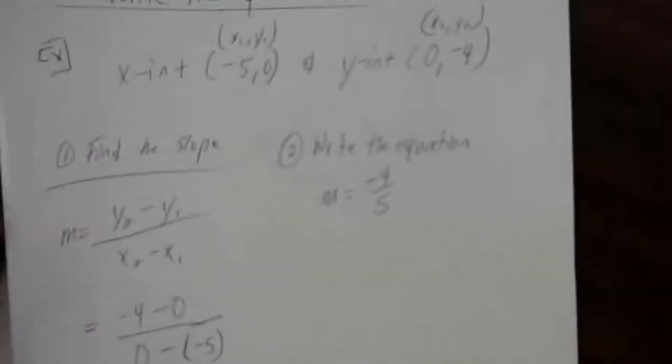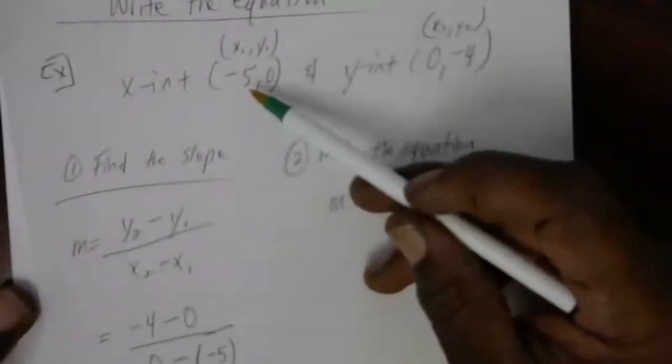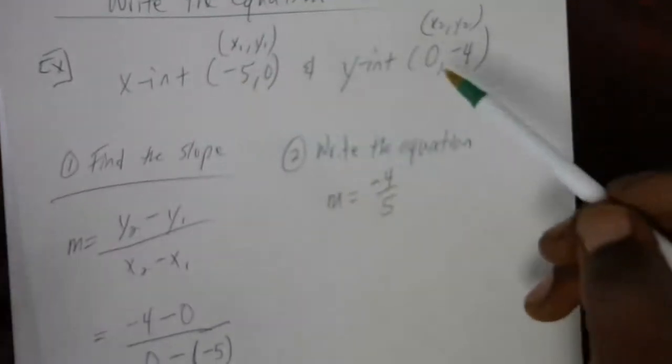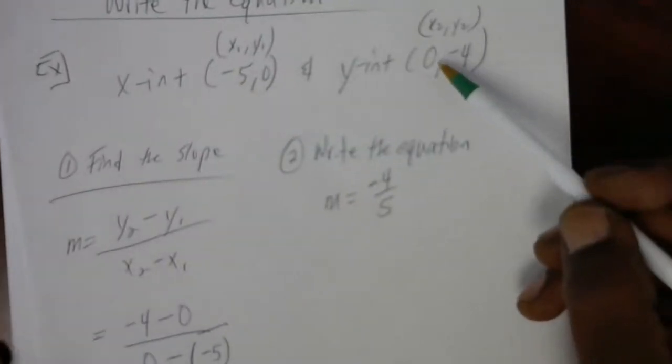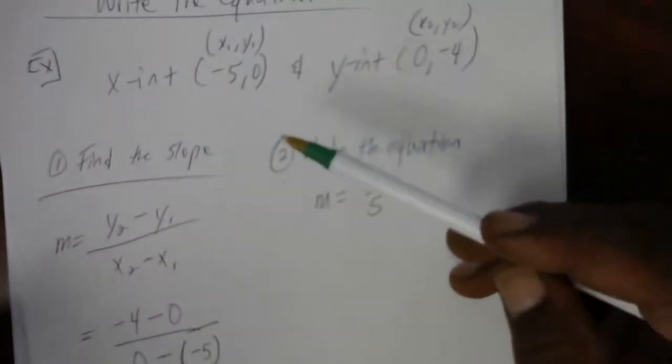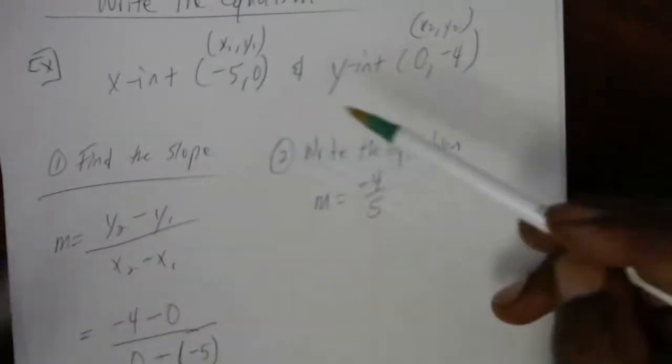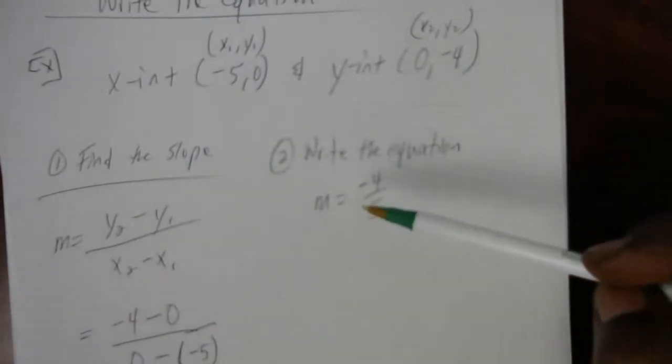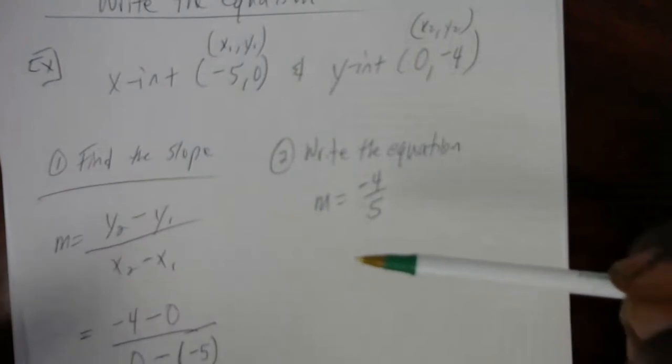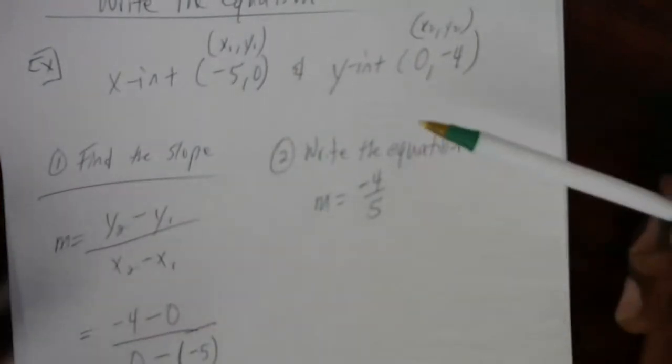Well, let's just say you didn't quite catch that, and you use this point instead of this point. Being that it's the same line and all of these points are on the line, we would get the exact same equation.